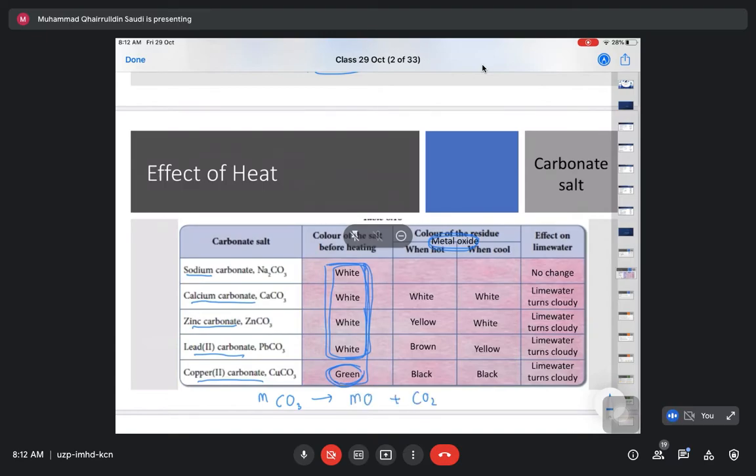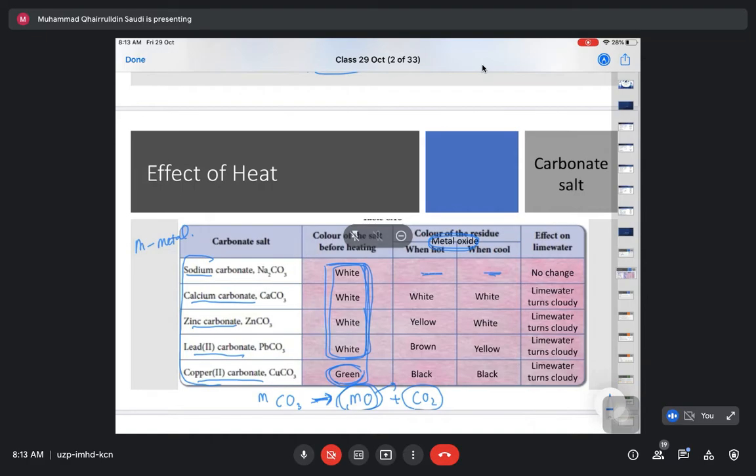So ini adalah metal oxide. M ni adalah metal bukan magnesium. Okay. So metal carbonate, ini semua adalah metal carbonate. Okay, hipotesis tadi adalah metal carbonate bila kita heatkan dia akan jadi metal oxide dan carbon dioxide gas. Kita tengok sodium carbonate tak ada apa-apa.